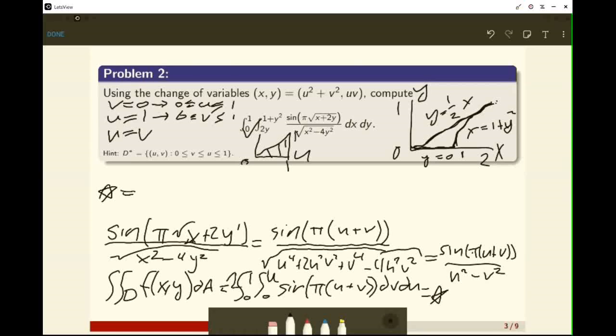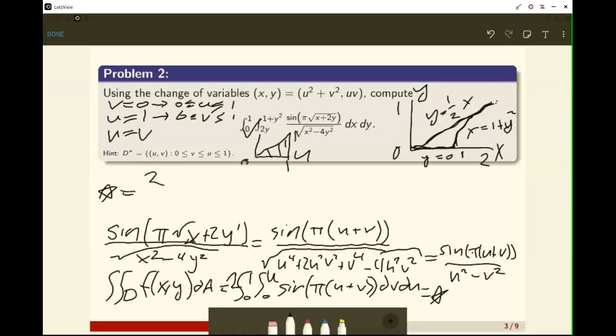There's a factor of 2 in the volume element, which I unfortunately just erased. But it was 2 times u squared minus v squared. We only divided by u squared minus v squared, so we've got a factor of 2 left over from that Jacobian determinant. And so we've got our factor of 2.